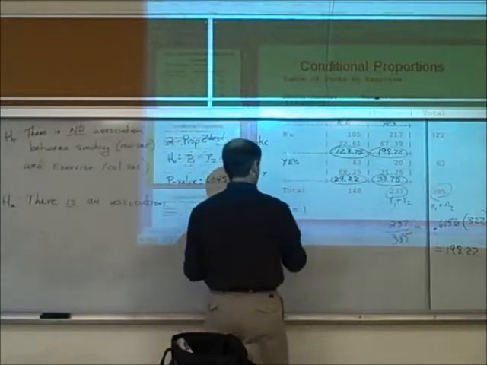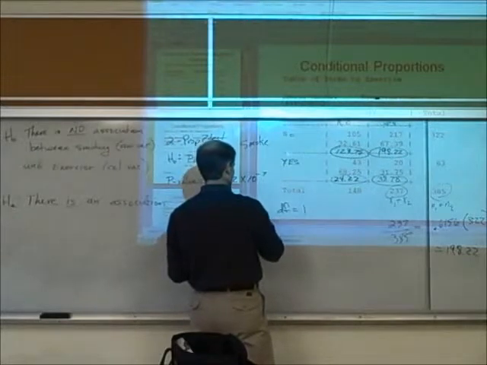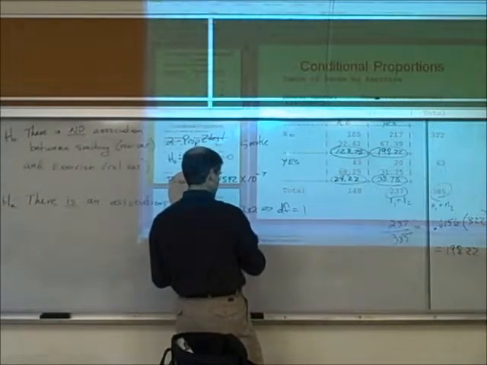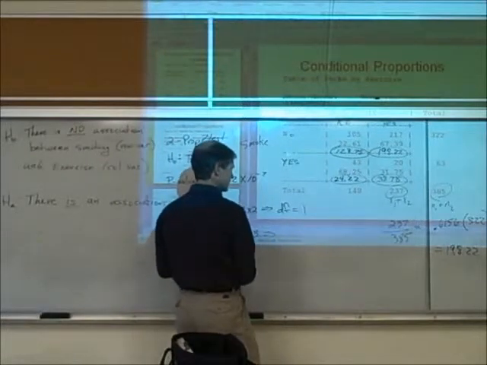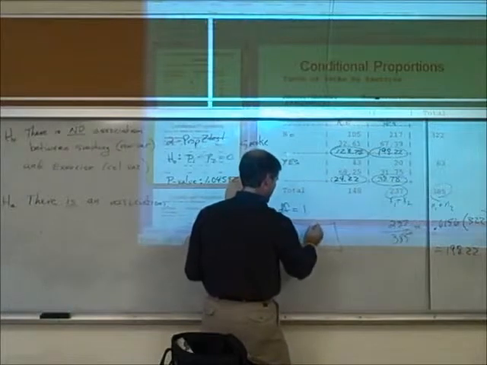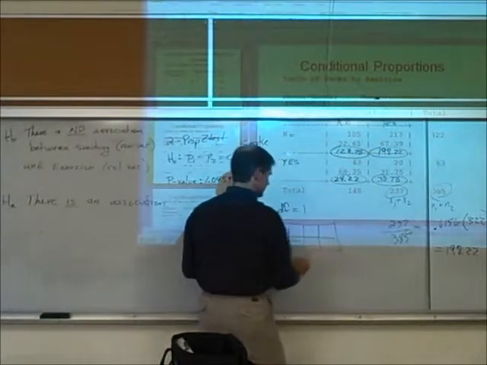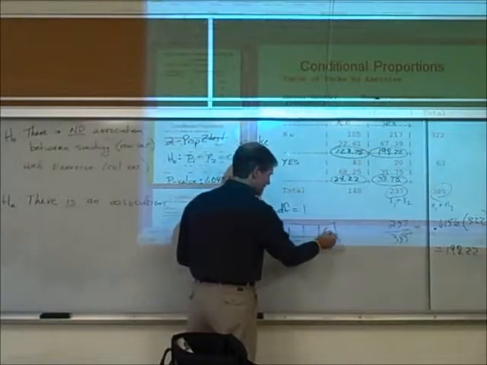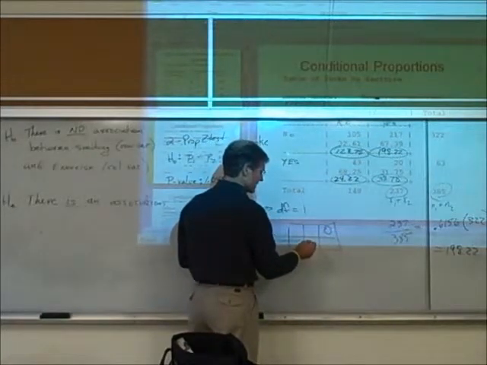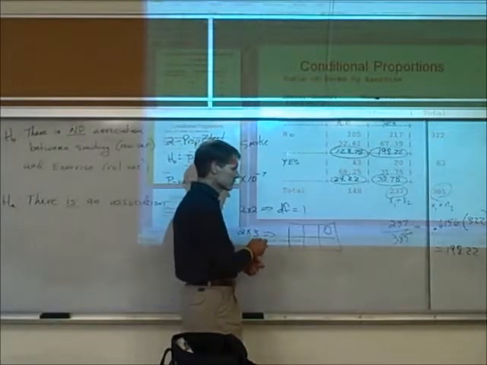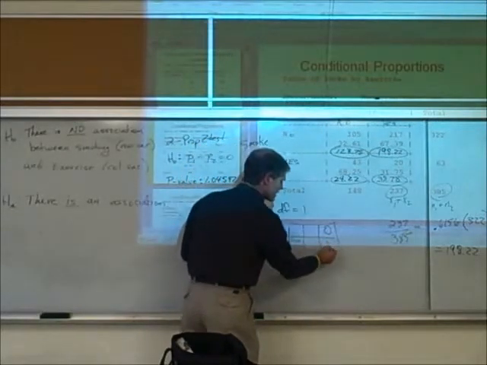So that was for a 2 by 2 table. What if I had a 2 by 3 table? Well, think of it this way. If I fill in that cell right there, can I get any other cells by subtraction? Yeah, the one below it.